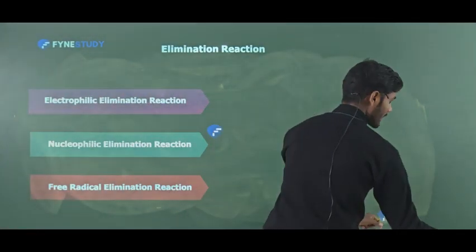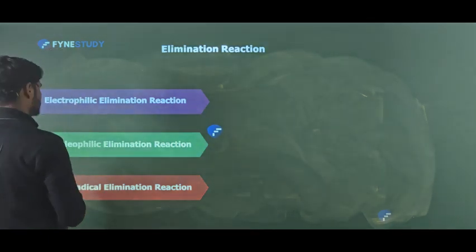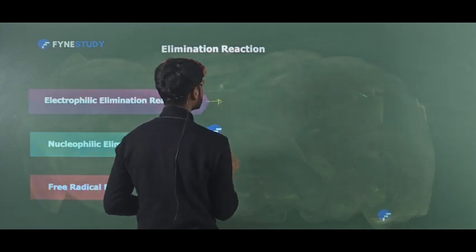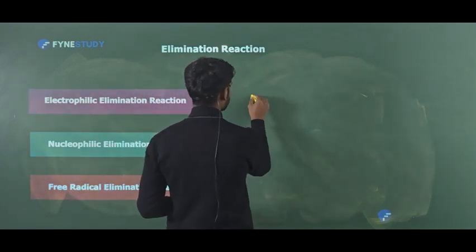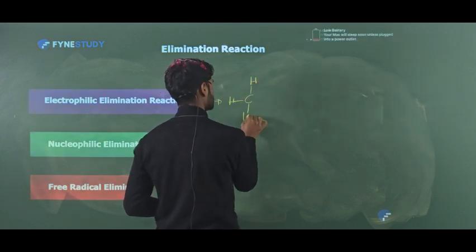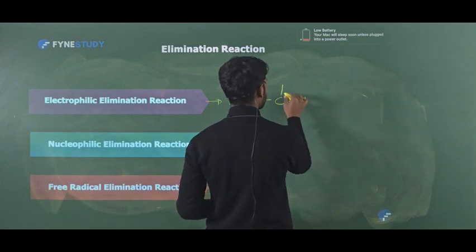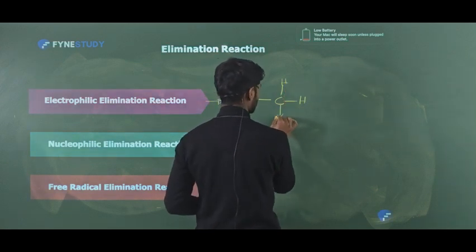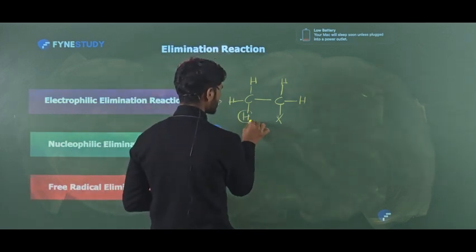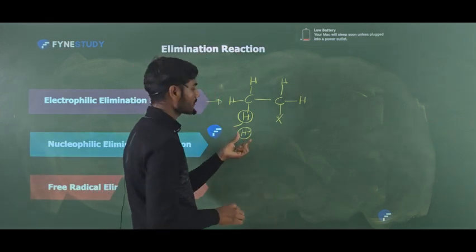Now see, in the case of electrophile, I have taken the previous example. That one was like this, here is X. So see, hydrogen will leave as H plus, and H plus is an electrophile.